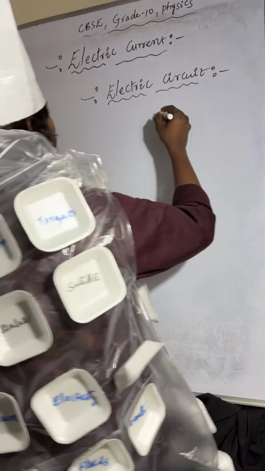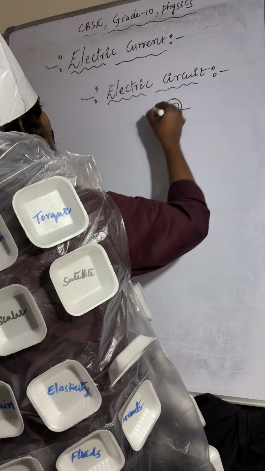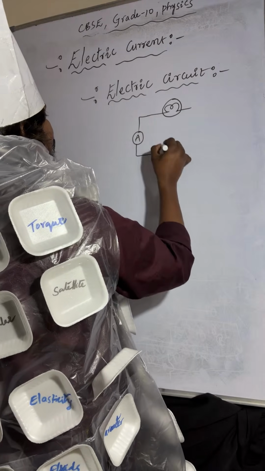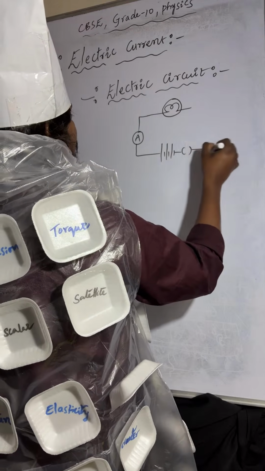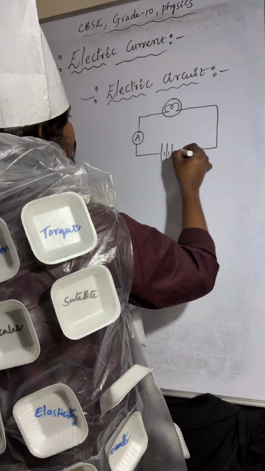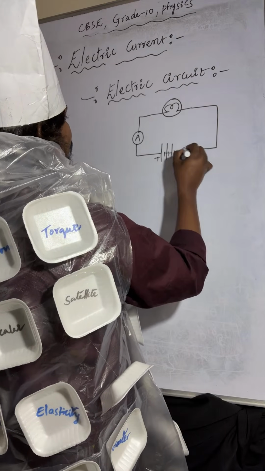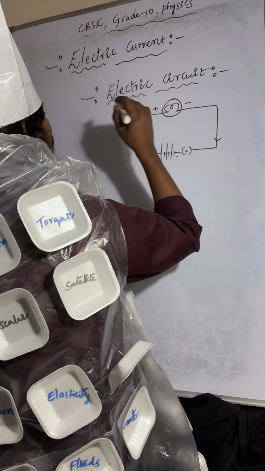Okay, so here I am taking a bulb, and here I am taking the ammeter. So here is the battery, switch. Here we'll discuss a few points. Current is passing like this, and here positive terminal, negative terminal.